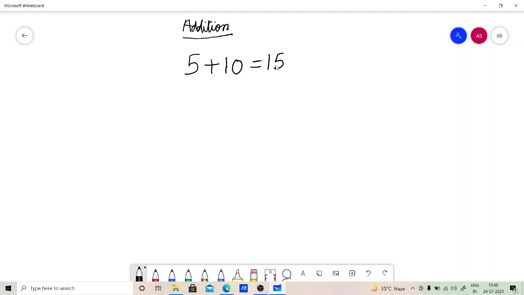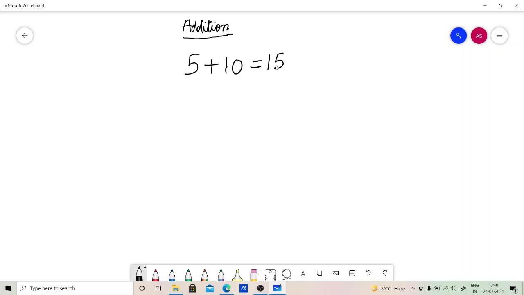So what has really happened inside? Let us give it a look and see. Now 5 plus 10 is equal to 15. So how did it happen?